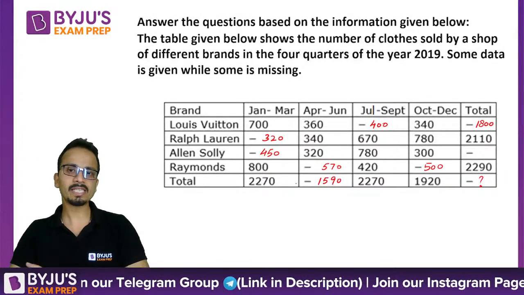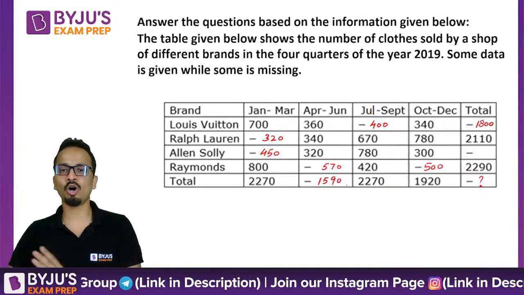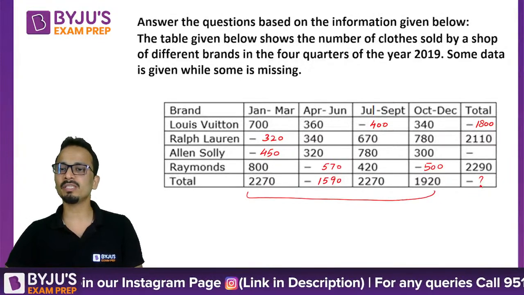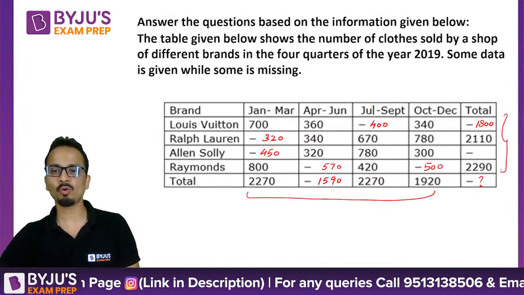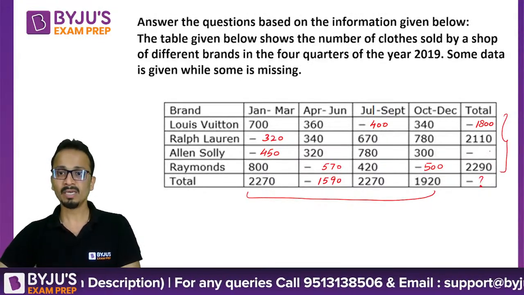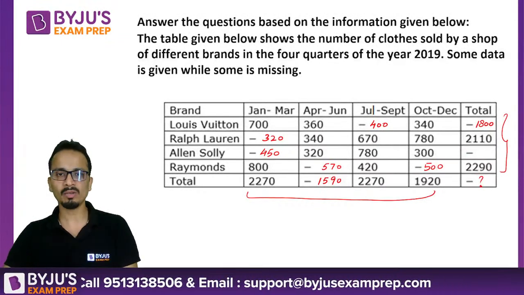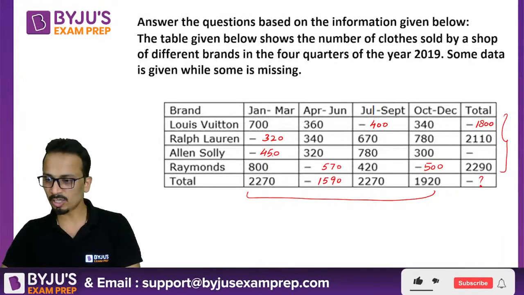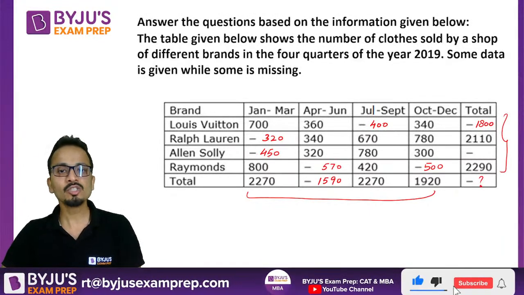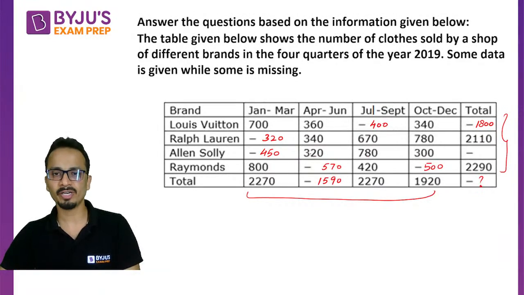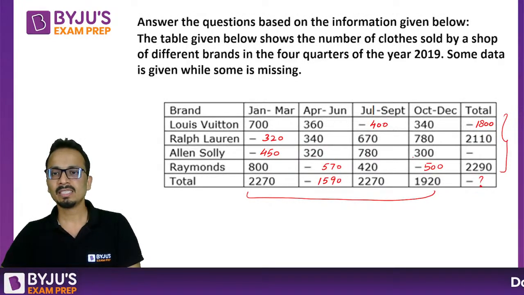What is the total sales of all the four brands in all the four quarters together? So you can add these four numbers and get the answer. Meanwhile, you can also give me the total of Alan Solly, the one total that is left. So what will be the total for Alan Solly? It will be 450, 320, 780 and 300. So 1100, 1700, 1850.